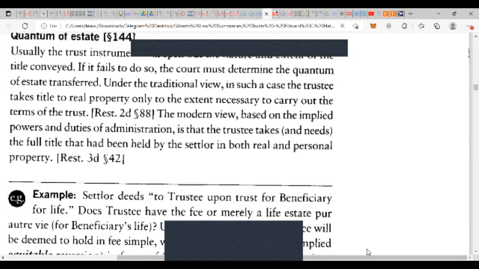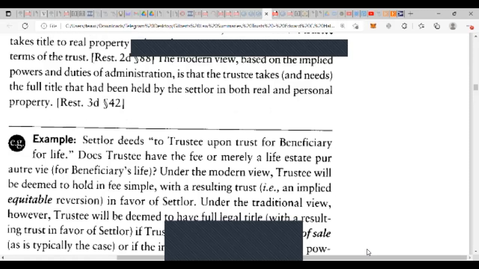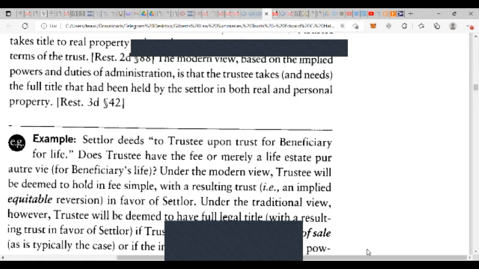Under the traditional view, in such a case, the trustee takes title to real property only to the extent necessary to carry out the terms of the trust. Restatement 2d, section 88. The modern view, based on the implied powers and duties of administration, is that the trustee takes and needs the full title that had been held by the settlor in both real and personal property.